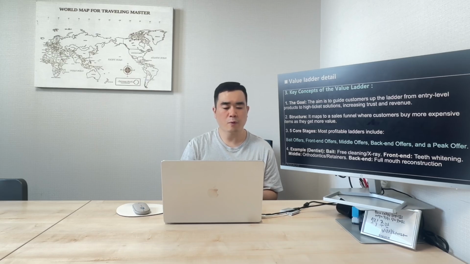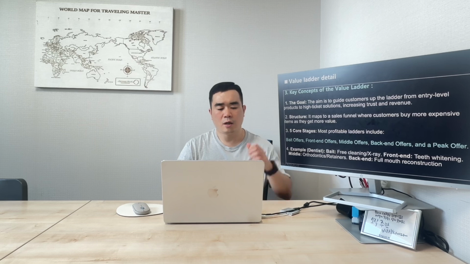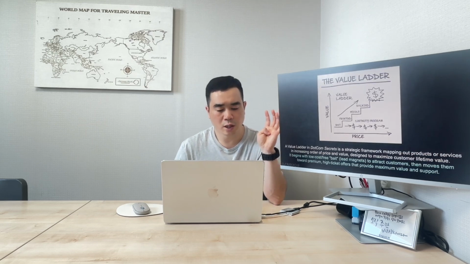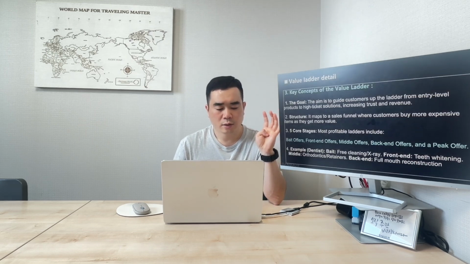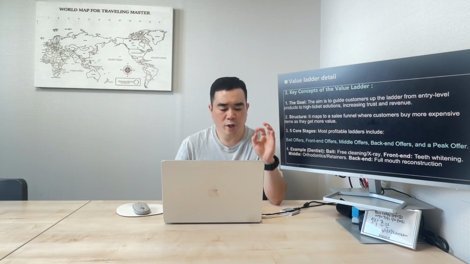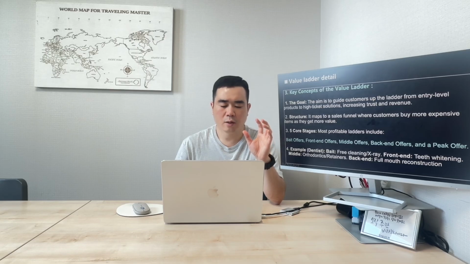The third is the five core stages of the most profitable ladder. It includes: first, bite offers; second, front-end offers; third, middle offers; fourth, back-end offers; and the last is the peak offer.